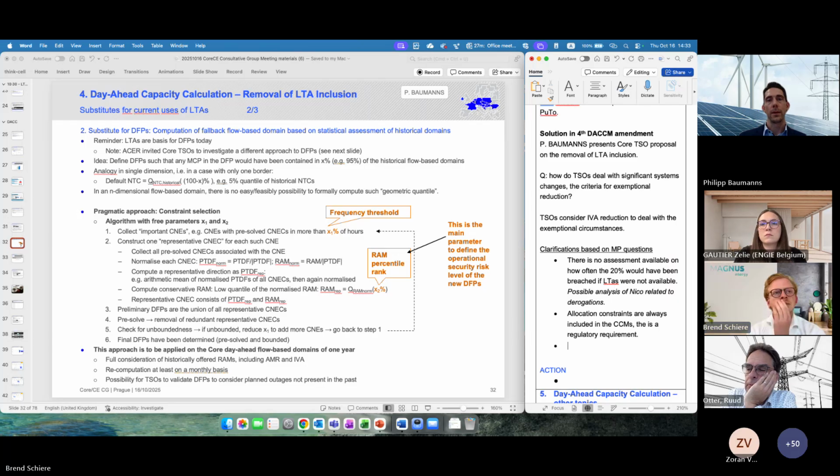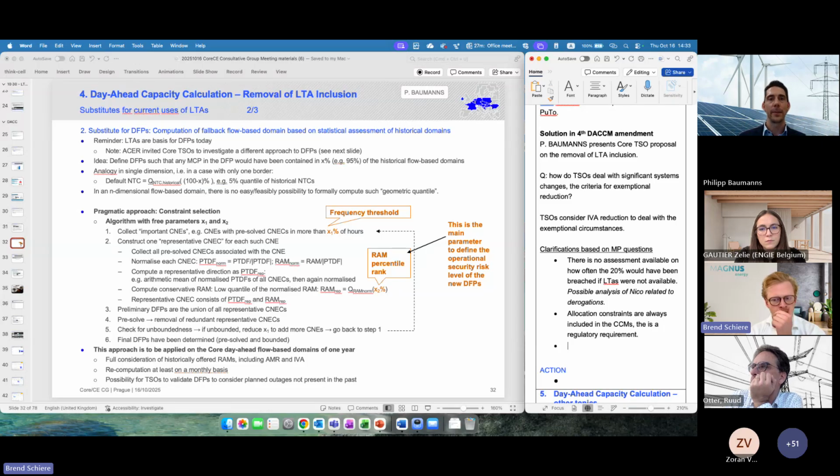So the analogy in the single dimension or NTC would be that we just take the 95% quantile of the historical NTC. So if you say 100 megawatts is the historical NTC, then 95 would be contained with this respective quantile.